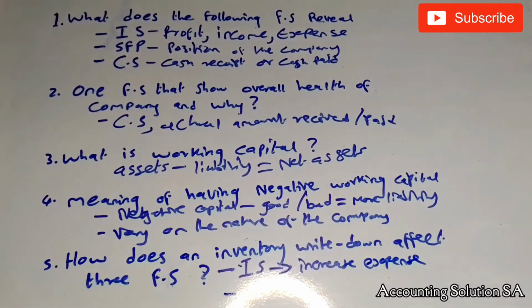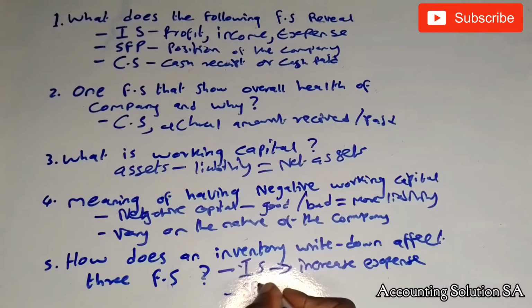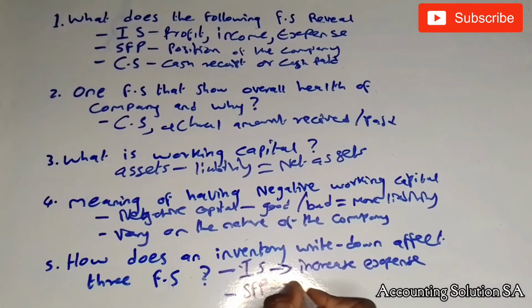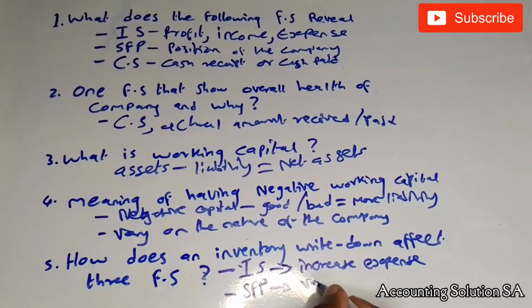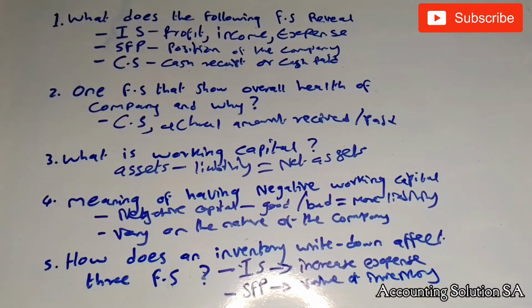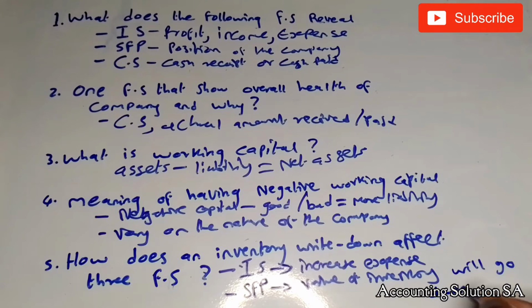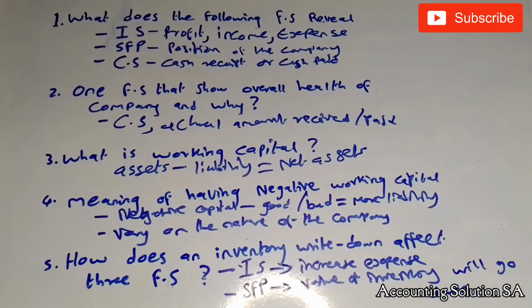All right. Then number two, we have the statement of financial position. How is it going to affect the statement of financial position? The value of inventory will simply go down.